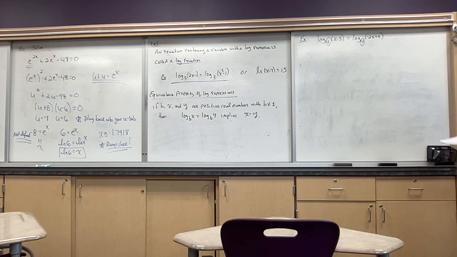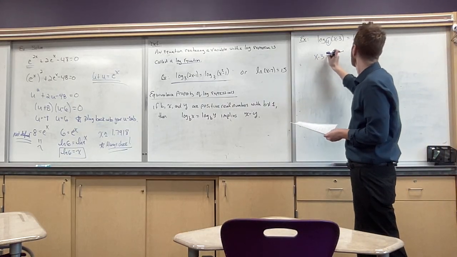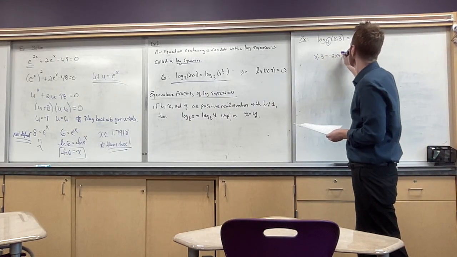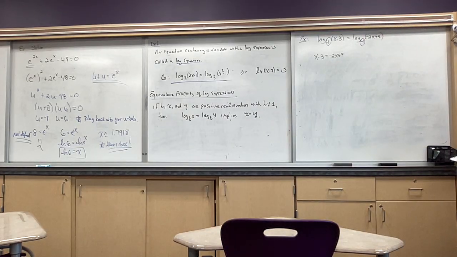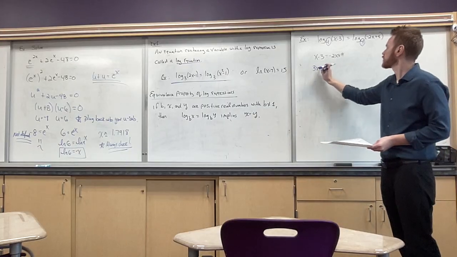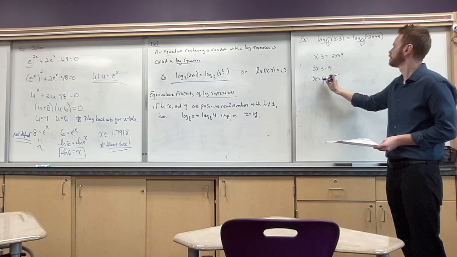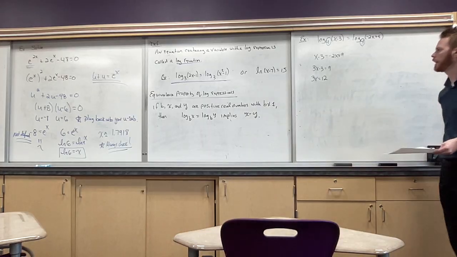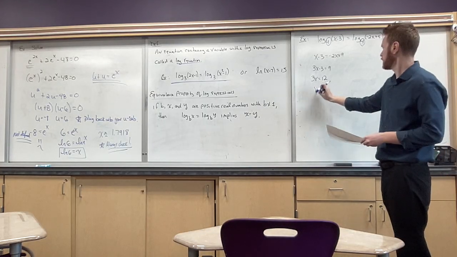That's the only way the whole expressions could be equal. So therefore, I could set x minus 3 equal to negative 2x plus 9, and just solve for x normally. Okay, nothing tricky about that. So I'll add 2x over. I get 3x minus 3 equals 9. We'll add 3. We get 3x equals 12.